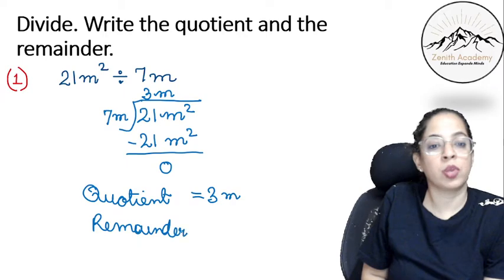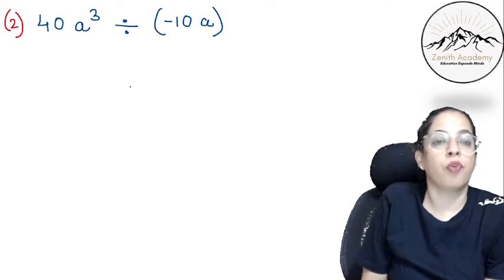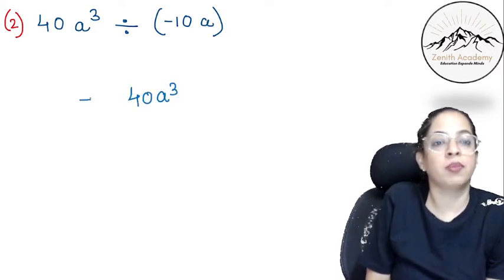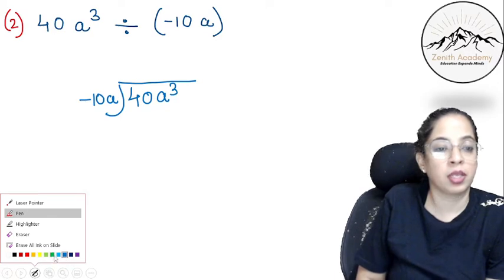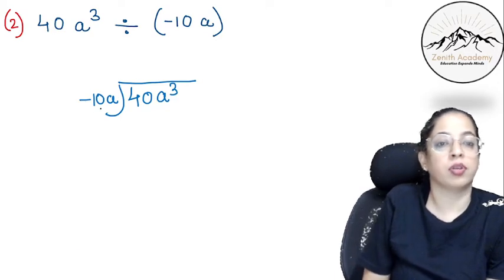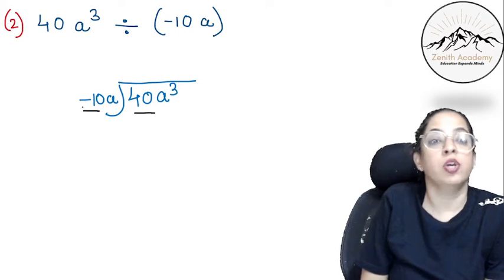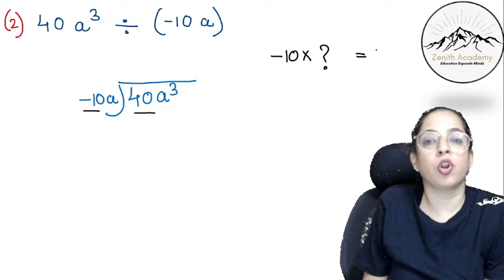I hope this is very clear to you. Let's take more examples. It will be clearer. See, 40a cube has to be divided by minus 10a. Let's check how to go about this. Now, be careful. There is minus 10 and here it is 40. So, minus 10 into what will give you 40?